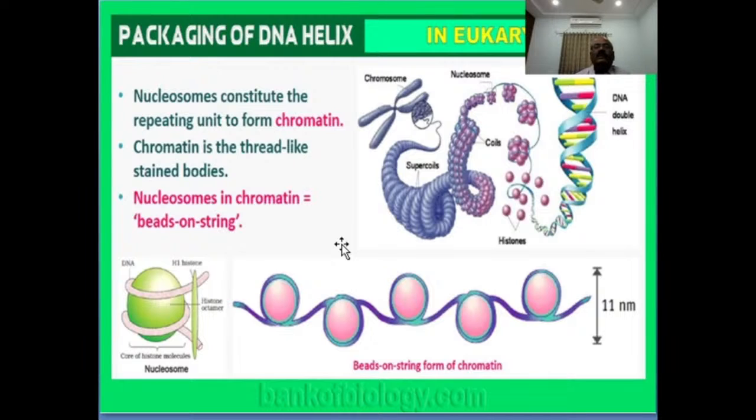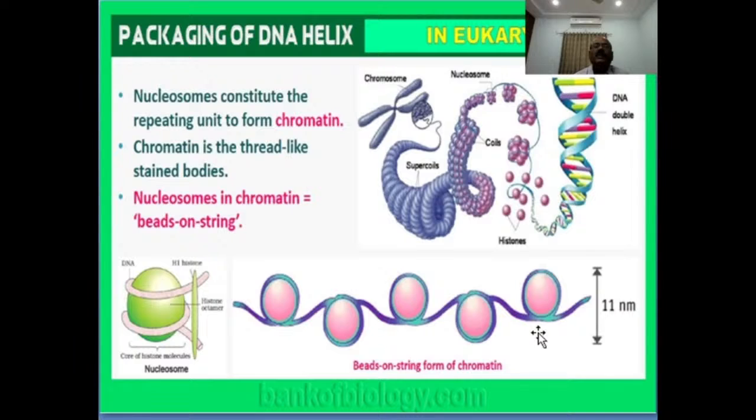Nucleosomes constitute the repeating unit to form chromatin. Chromatin is the thread-like stained body. Nucleosomes in chromatin are beads on a string. So, this is one nucleosome, this is a nucleosome, and so on.